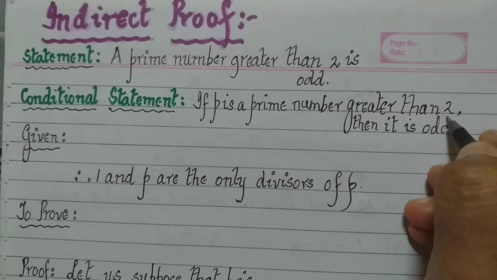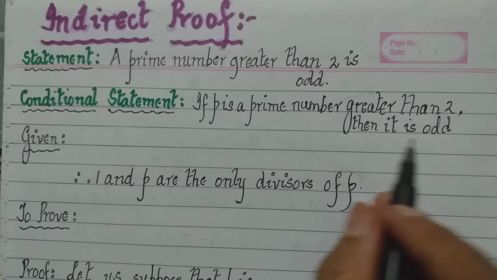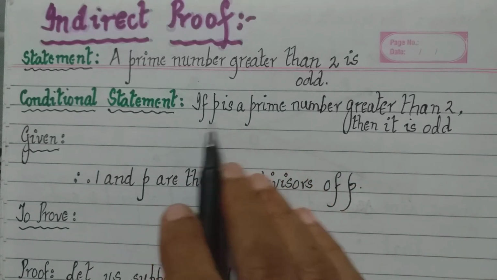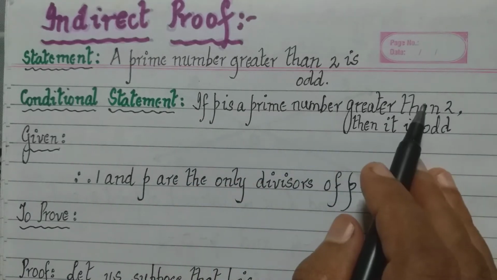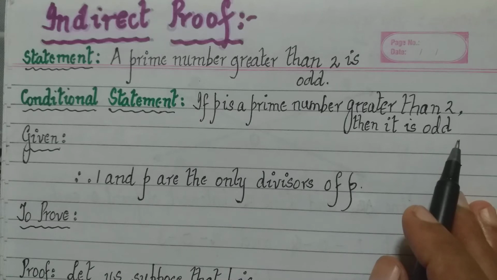Is it a conditional statement properly? Yes. In a conditional statement we have to have both if and then, and so we have the antecedent and this is the consequent.